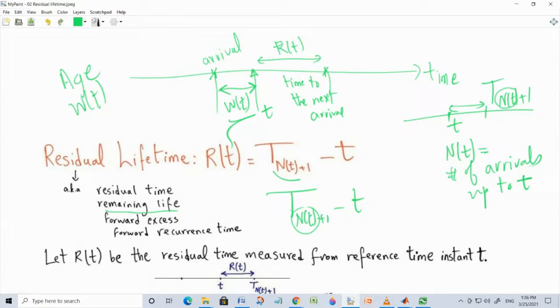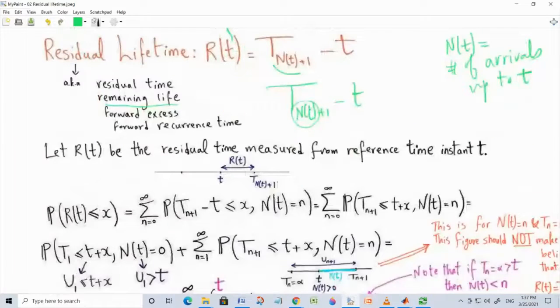Remember that N of t itself is a random variable, and in the previous lecture we obtained its PMF. But the point is that it is a random variable. So this quantity is not as straightforward as it may look, again, due to the randomness of N of t. If I tell you, I will inspect the system at time t, N of t is itself a random variable with a certain PMF. Okay, so this is very important.